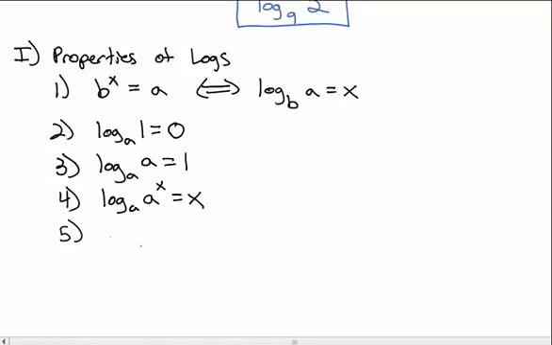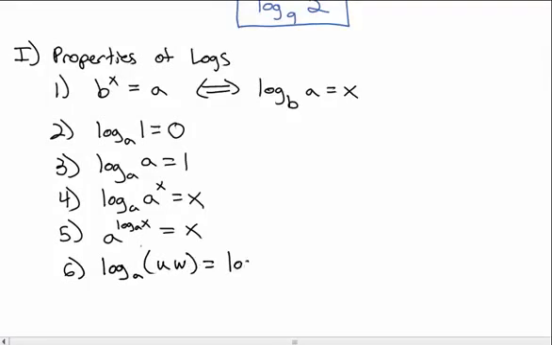Technically, we can switch this around and say anything to a log base anything of x is also equal to x. They're inverses. Logs and exponents are inverses. They undo each other, giving just the inside. After 5 comes 6. We said that the log base anything of a product is equal to the log of the first one plus the log of the second one.